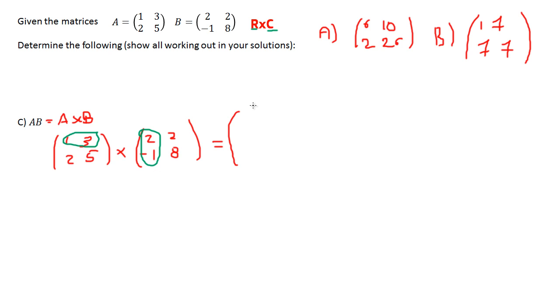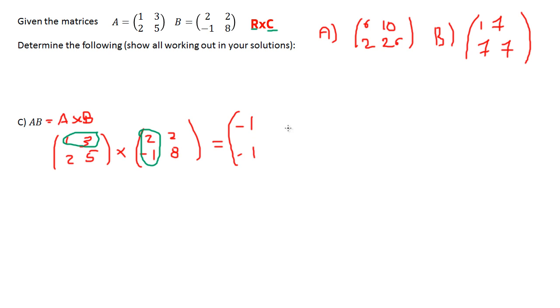So this one will be minus 1. Now we do the second row with the first column. So 2 times 2 is 4, plus 5 times minus 1, which is minus 5. So on the bottom here we also get minus 1.